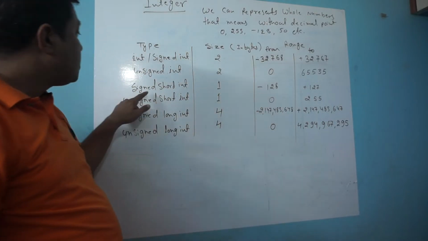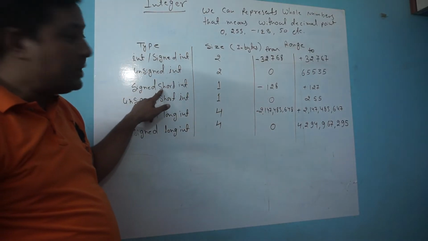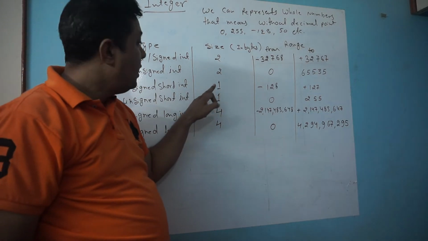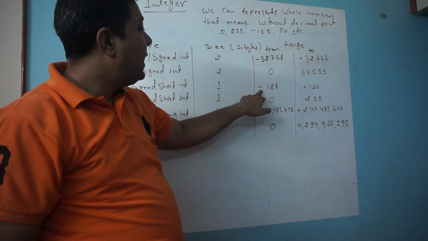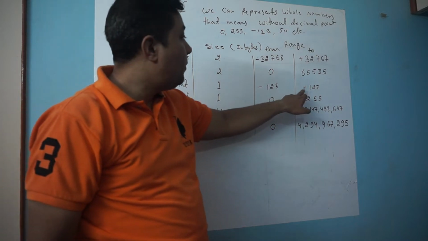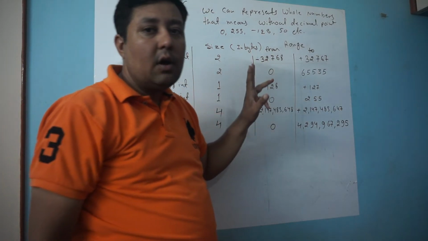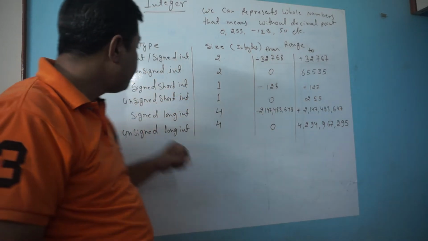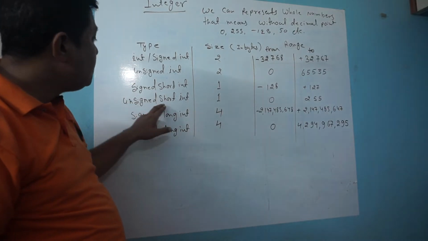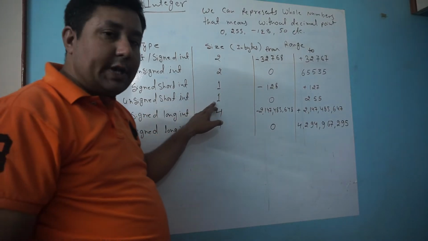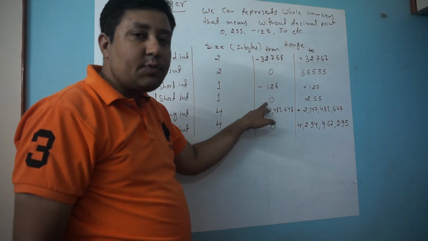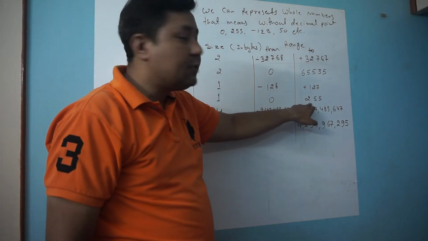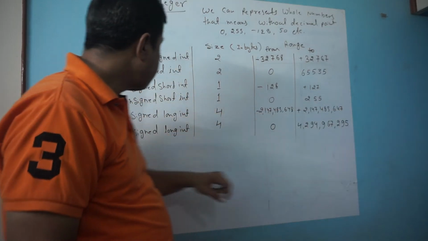If we are talking about signed short integer, it takes 1 byte of memory storage and we can represent minus 128 to plus 127. If we are talking about unsigned short integer, it also takes 1 byte of memory and it starts from 0 and ends with 255.